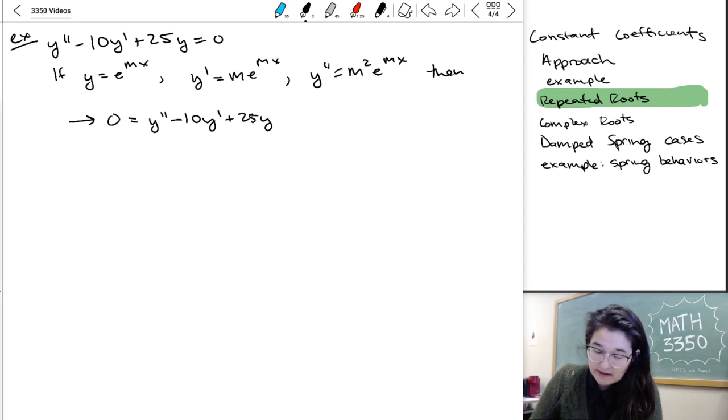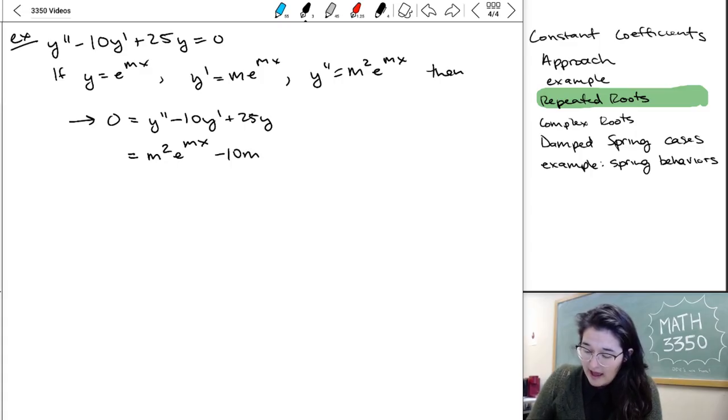That's going to give us m squared e to mx minus 10m e to mx plus 25 e to mx.